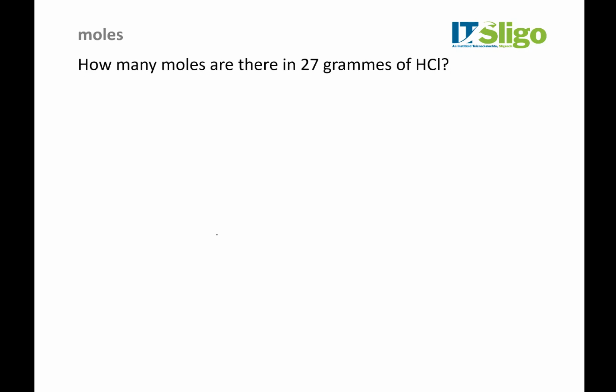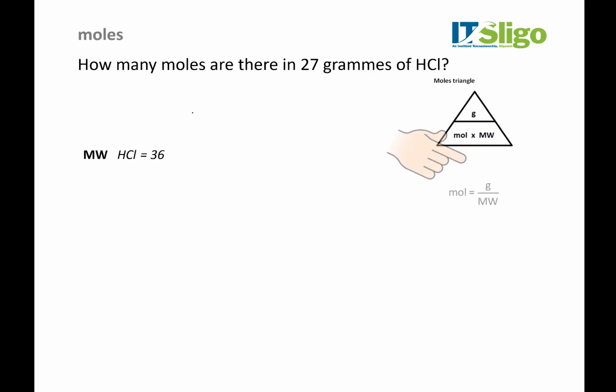Another one. How many moles are there in 27 grams of HCl? Here's our molecular weights. Hydrogen is 1, chlorine is 35. So our molecular weight, guys, is 36. How many moles? Well, moles is grams divided by molecular weight. So in this case, guys, mole.